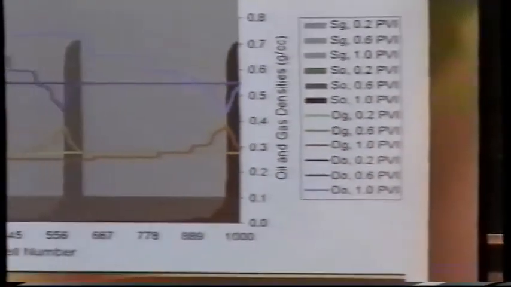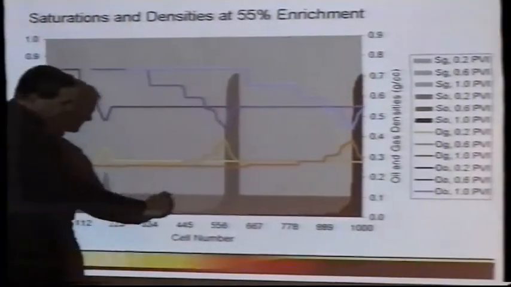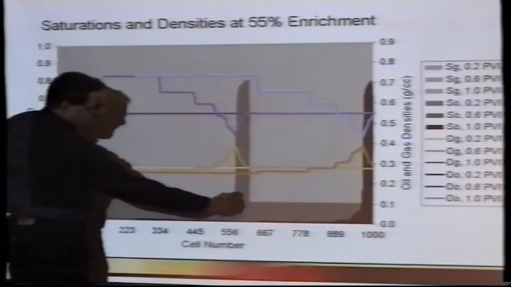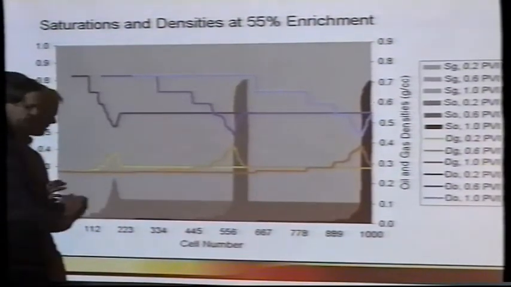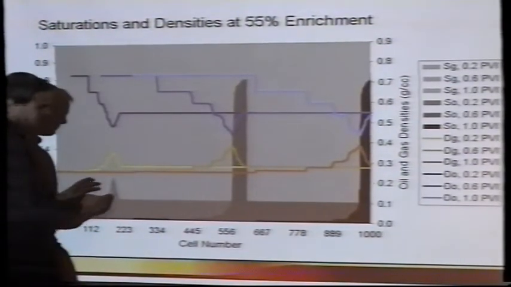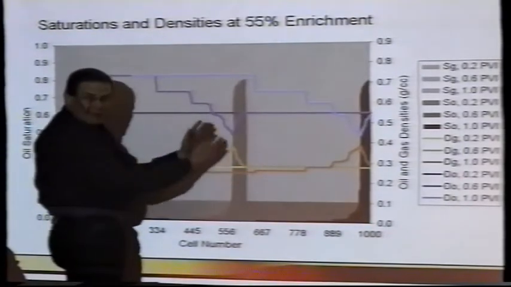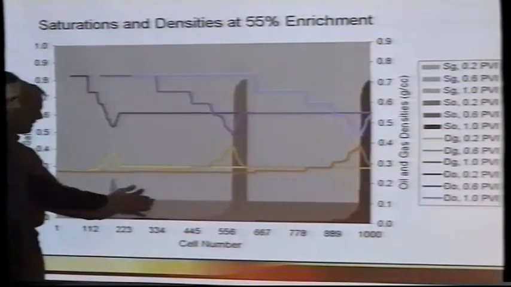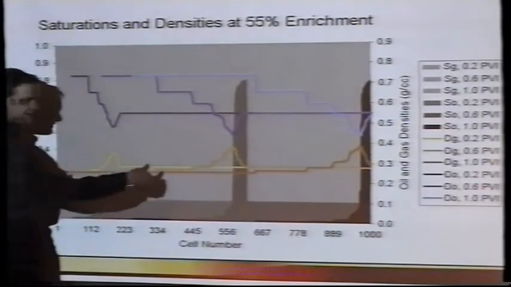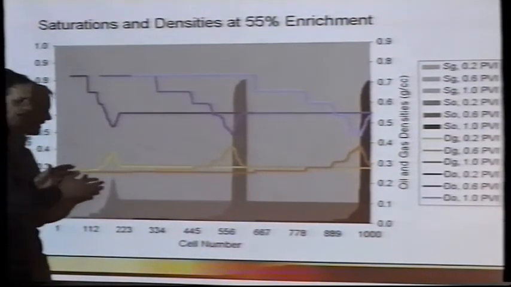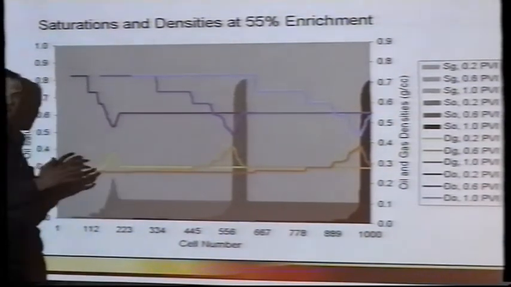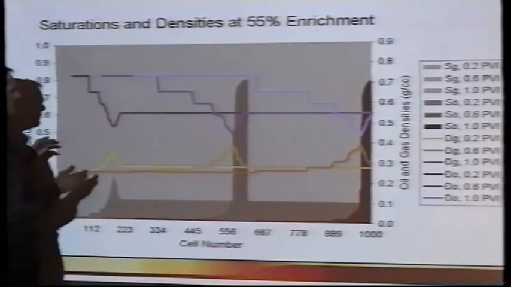And you can see that it takes something like 300 or 400 or 500 cells of injection before the mechanism develops, so you get a fully developed oil bank. Until that 300 or 400 cells of contacting, you haven't captured the right nature of the displacement.